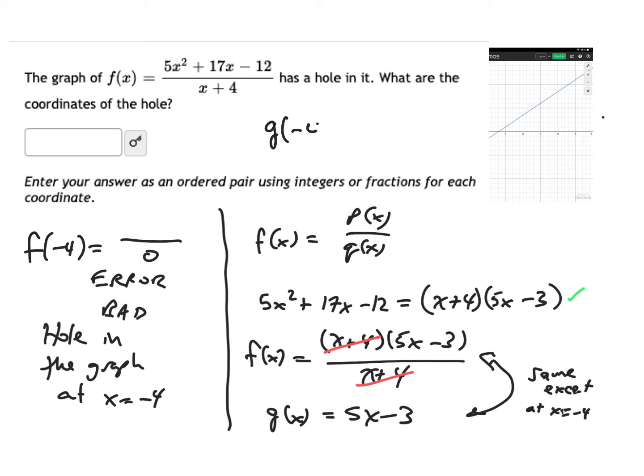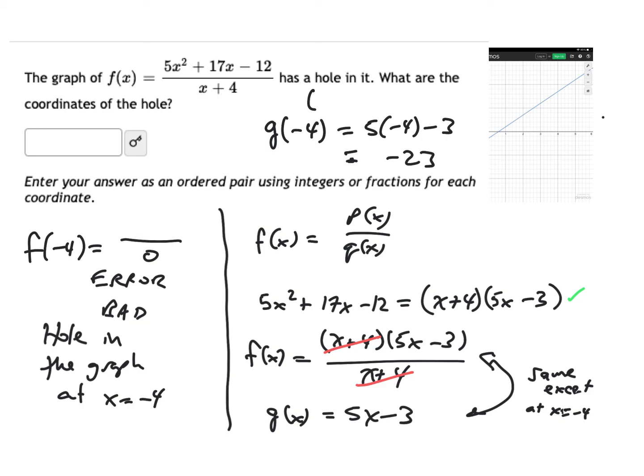What I'm calling g at -4 would be 5 times -4 minus 3, equals -23. So the g graph that's identical to the f graph everywhere except at -4 has its y-coordinate at -23.